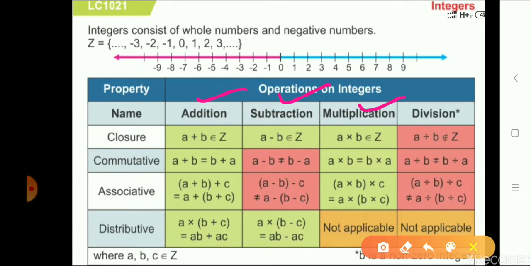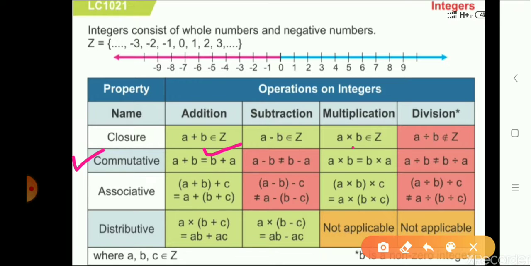Now let us see the commutative property. The second property is the commutative property. In this property, we change the order of the integers being operated. First, we change the order when we add the integers. Whenever we change the order of the integers being added, we get the same result.